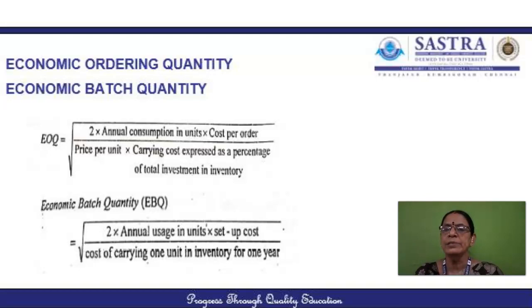Number of orders decreases, the order size increases. As the number of orders decreases, the ordering cost decreases. As the order size increases, the carrying cost increases. So we have a midpoint wherein the total cost is minimum.